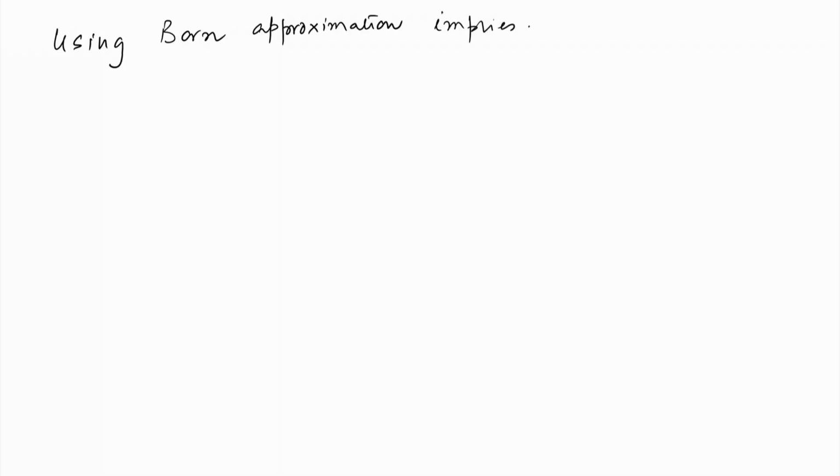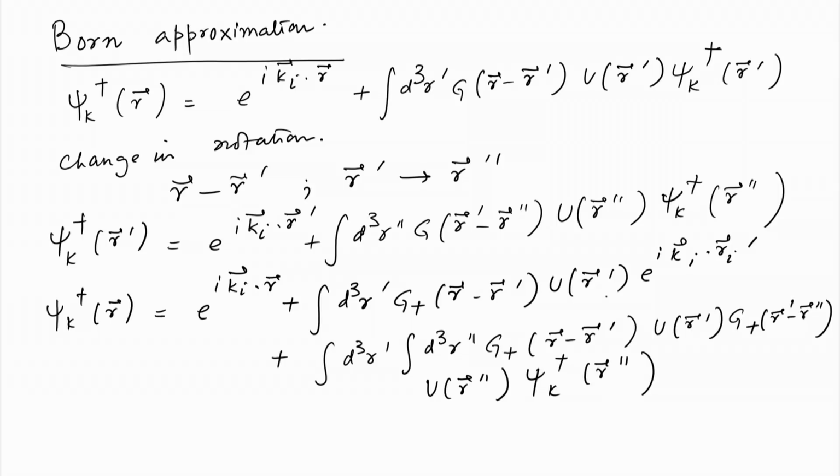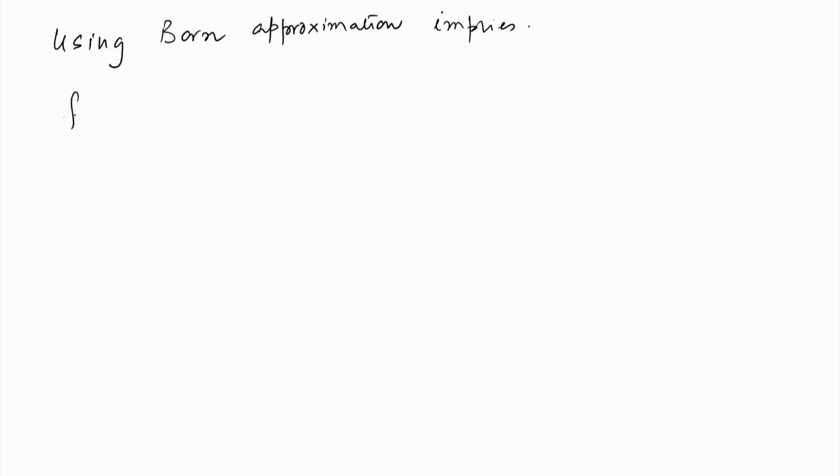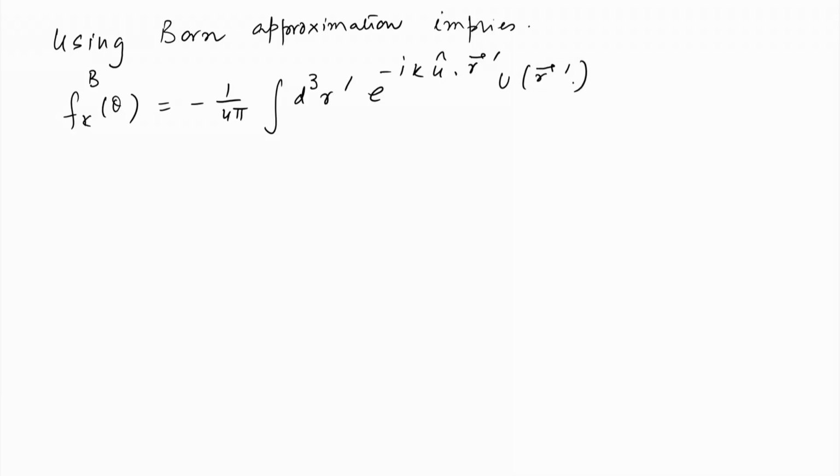So, using the Born approximation implies that we stop at the first order, in which case we can extract the scattering amplitude from this second term. Then f(k, theta), in the Born approximation, we write a B in the superscript, and this is exponential minus i k_s dot r prime u(r prime) exponential i k_i dot r prime and so on.